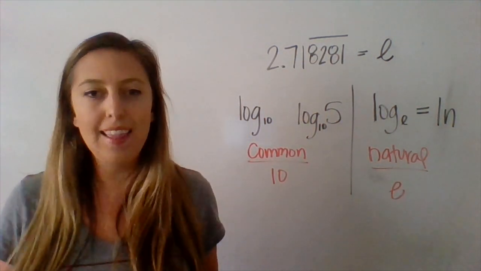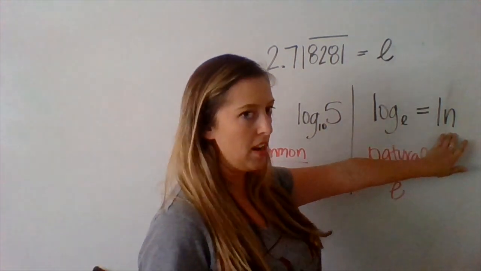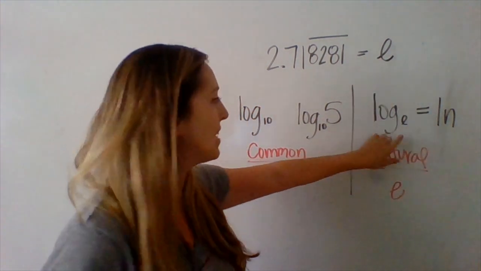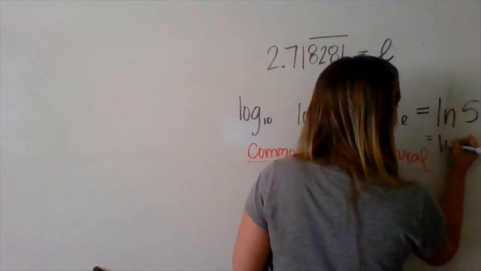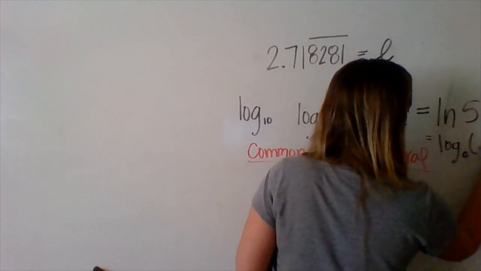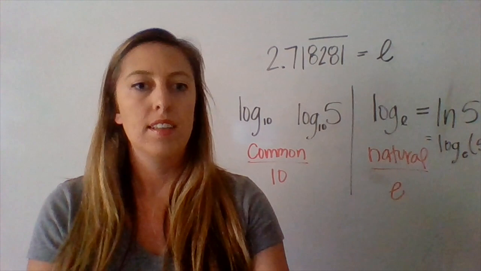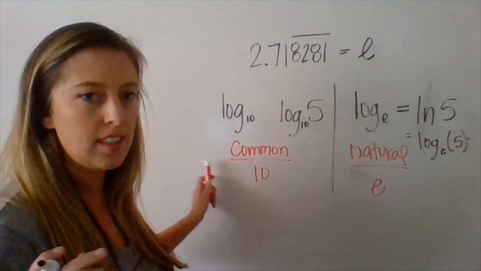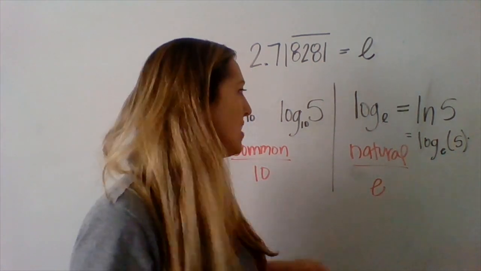If you see ln, it's the natural logarithm, and that means its base is E. So the ln of 5 is really the same as log base E of 5. Those are our two most common logs: the common log with base 10 and the natural log with base E.